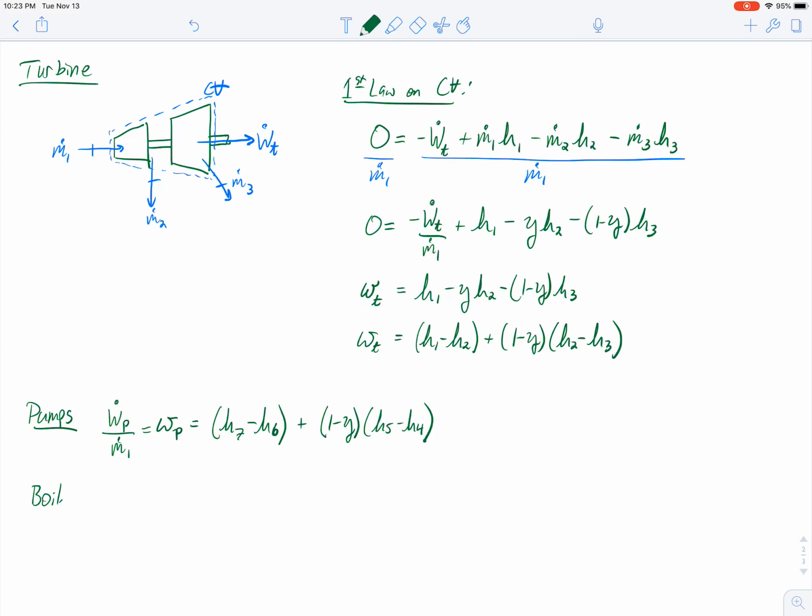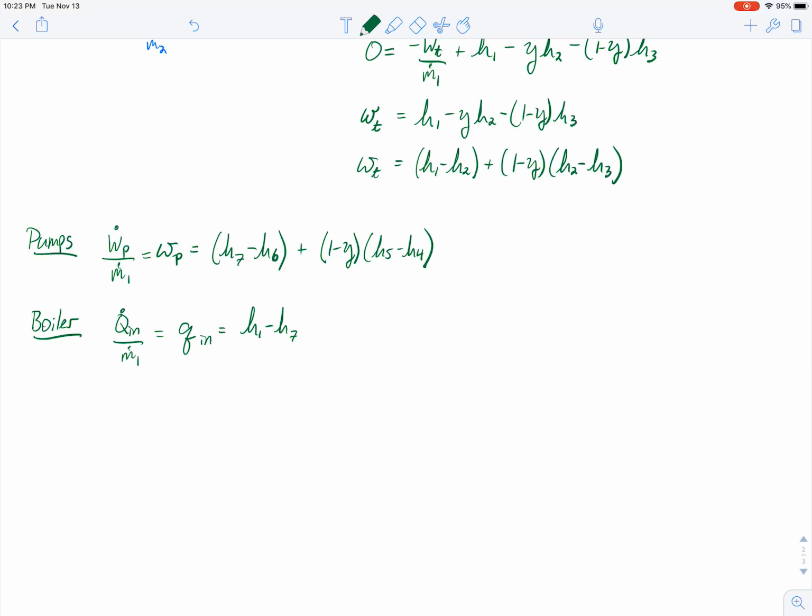Boiler. That looks the same as we've been seeing all along. And the condenser. Well, let's do this one with the first law.